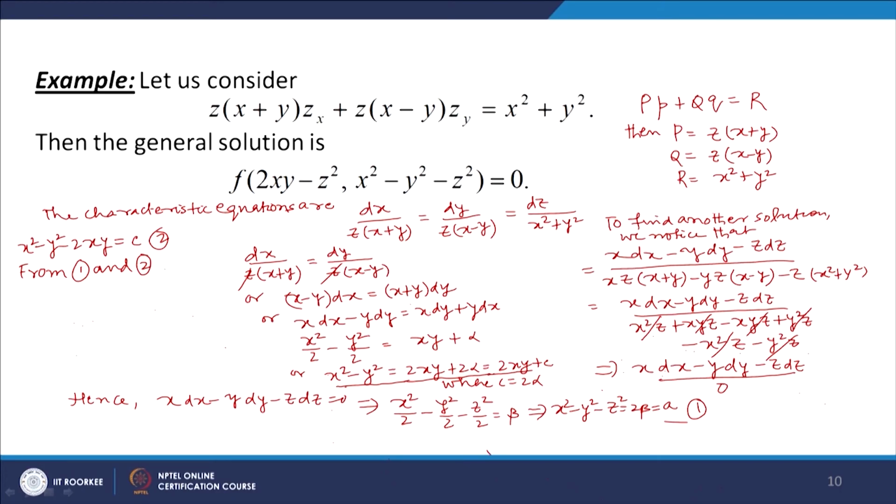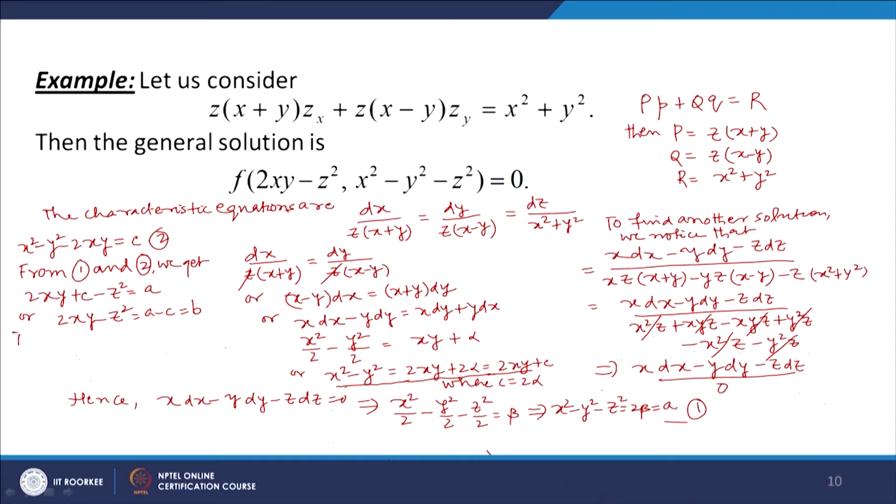From 1 and 2 I get 2xy plus c minus z square equal to a, or I can say 2xy minus z square equal to a minus c, which I can write as another constant b. So, one solution is x square minus y square minus z square equal to a, and the other solution we can take as 2xy minus z square equal to b.